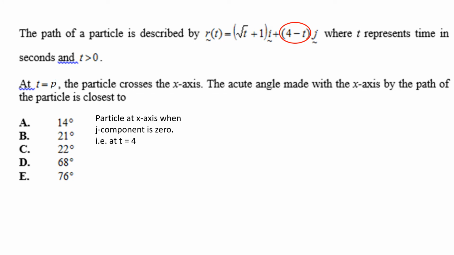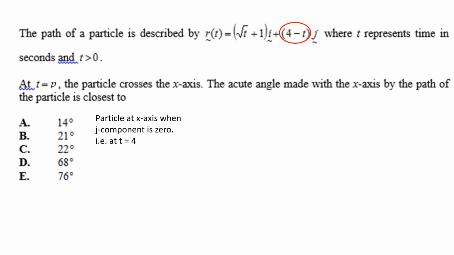It's when the j component is 0. Remember, it's a position vector function changing with respect to time. If we collect all the endpoints, we've got our Cartesian equation, but it points to its position in 2-dimensional space. And obviously, when there is a 0j component, it's at the point where it's crossing the x-axis.